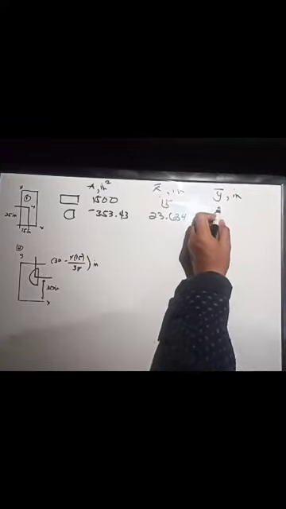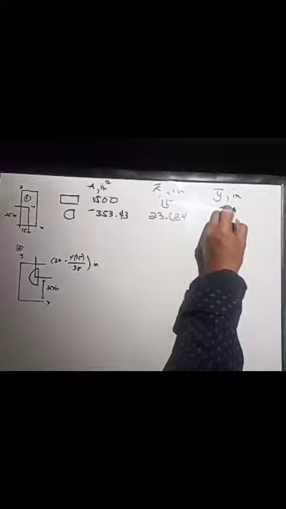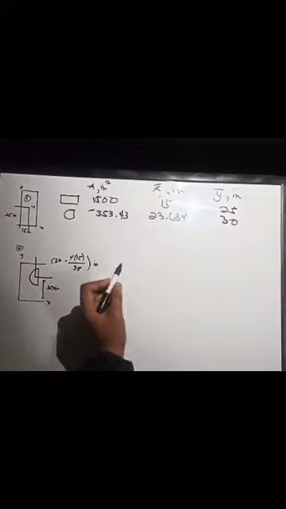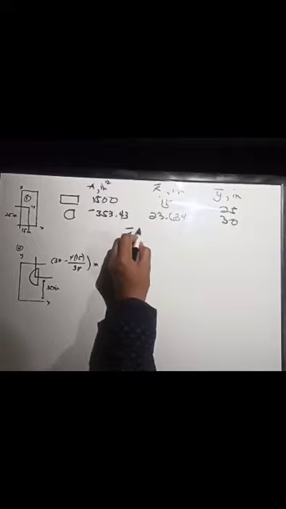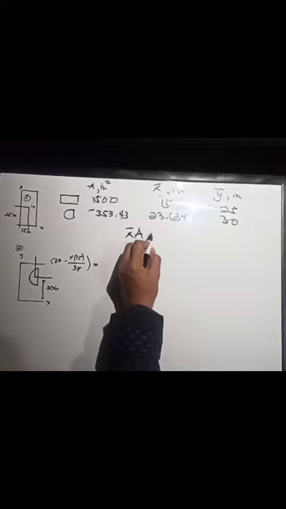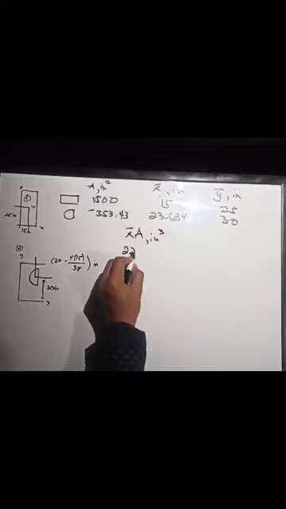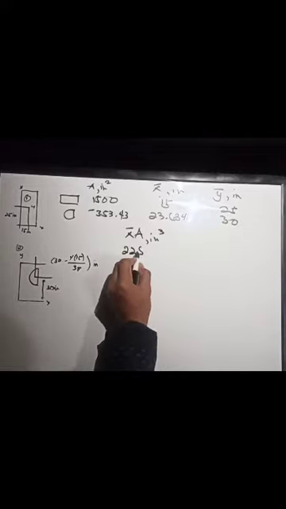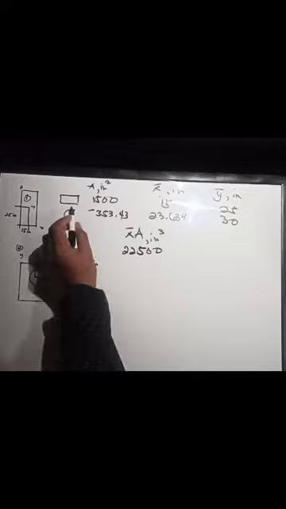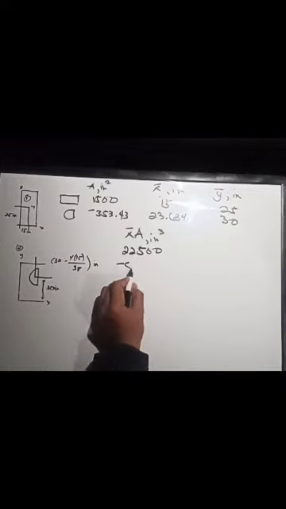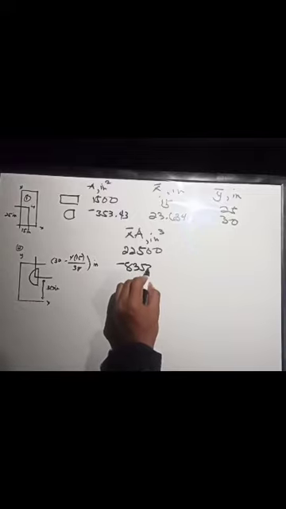meron tayong 25 and 30. And for x bar a, meron tayong 22,500 sa rectangle, and sa half circle we have negative 8,353.